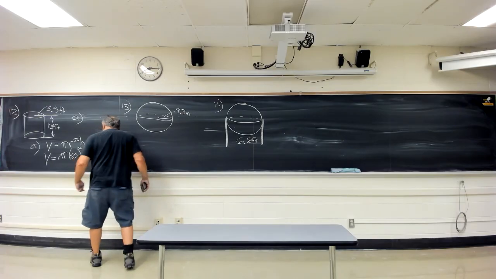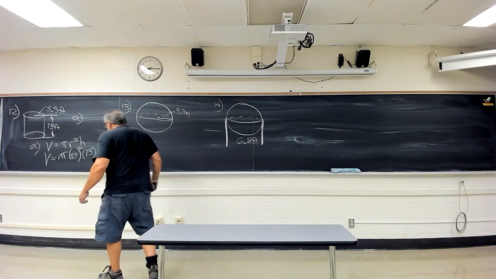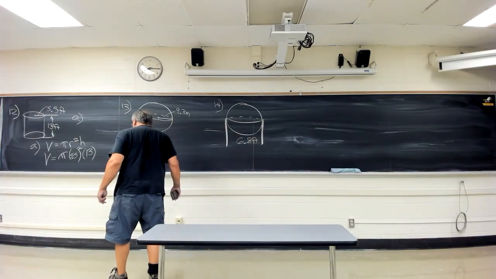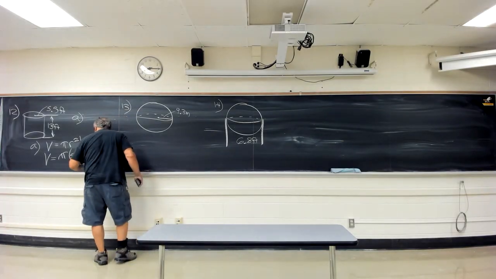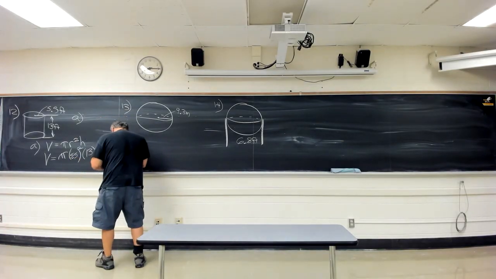I'm thinking 121, 605, 3025, 30.25. 30.25 times 13. So let me see here. 5.5.